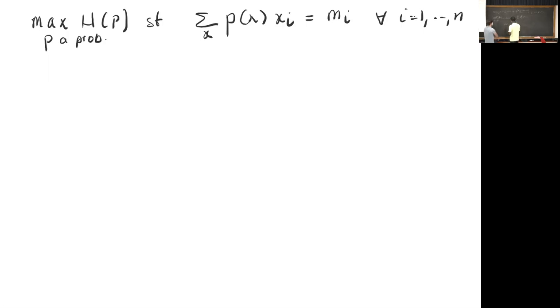Here it's not really equal because we forgot that we still have in mind the normalization constraint. P must be a probability. So here you have a proportional sign, and you can put an equality once you normalize.